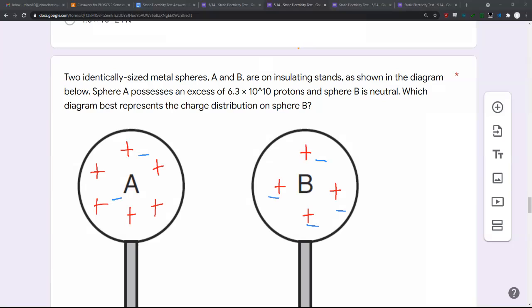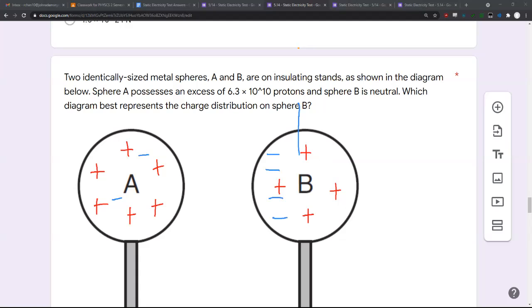Now, what would happen if you brought sphere A next to sphere B? Well, positive charges attract negative charges, so this positively charged object A is going to attract the electrons in object B. All the electrons are going to bunch up to the side next to sphere A, because the electrons are being attracted to the positively charged object.